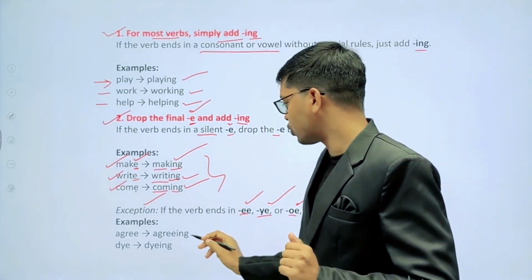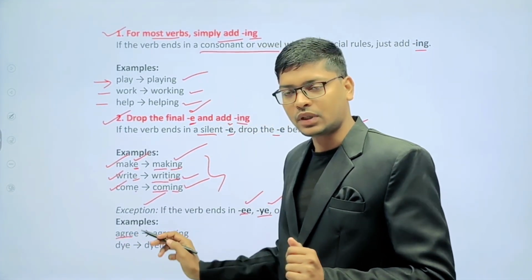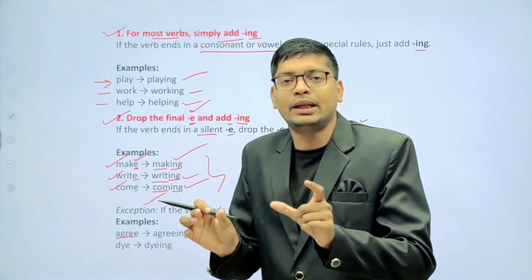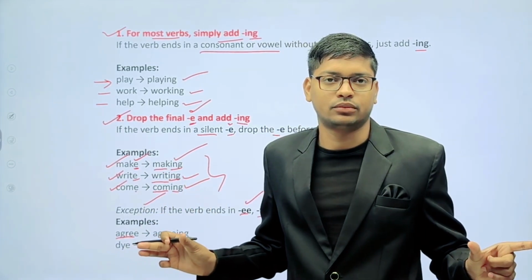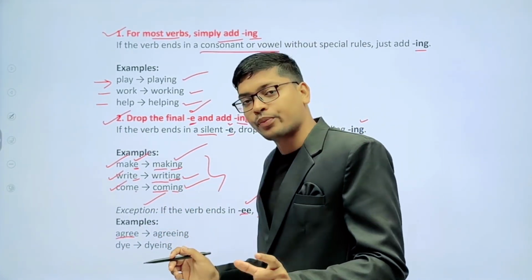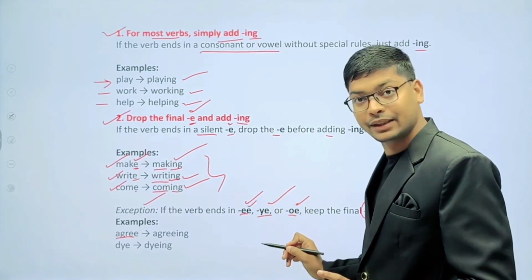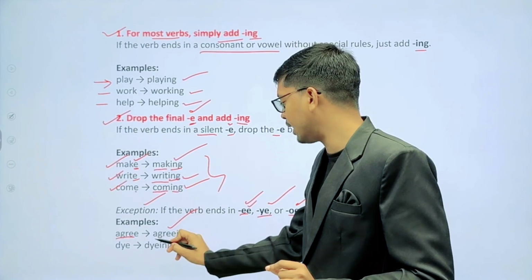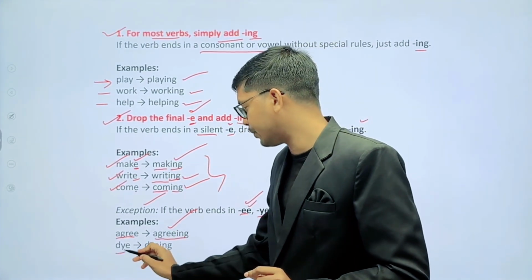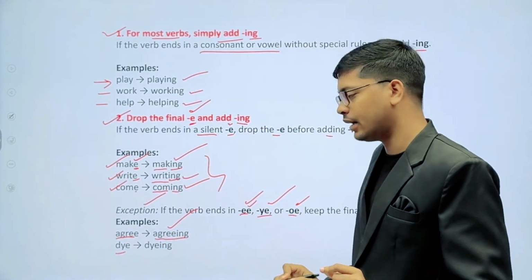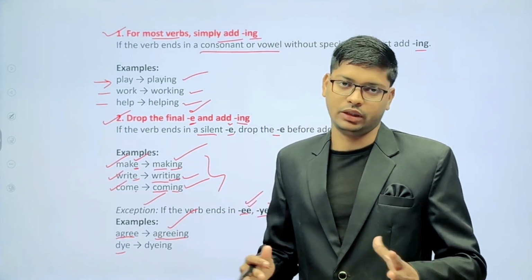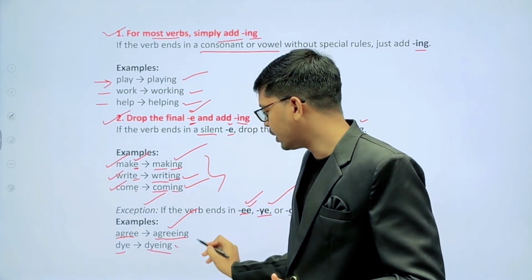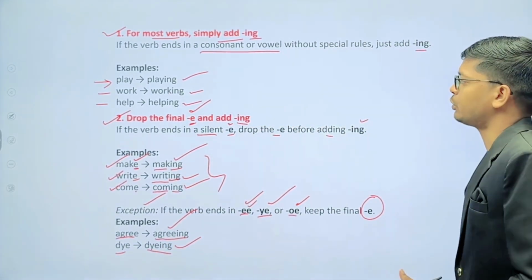Here are some examples. Drop the final e only when it is silent. Agree: here the double e is not silent, so we simply add ing. It makes agreeing. Next, die: there is no silent letter to drop in the same way, so we simply add ing. It makes dying. Okay, let's move on to the next rule.